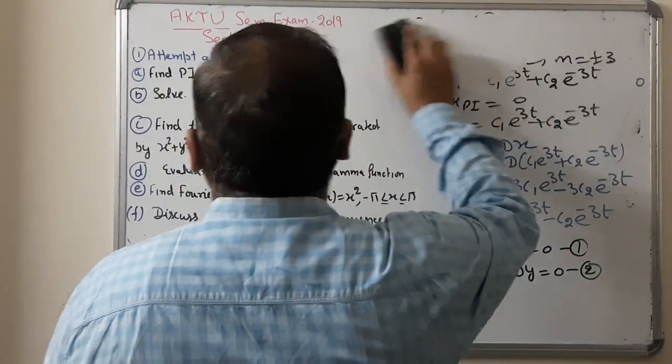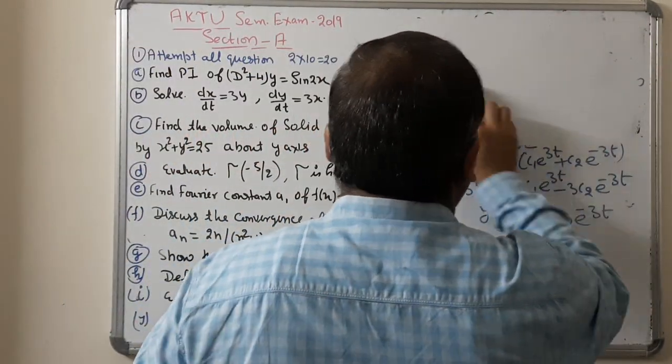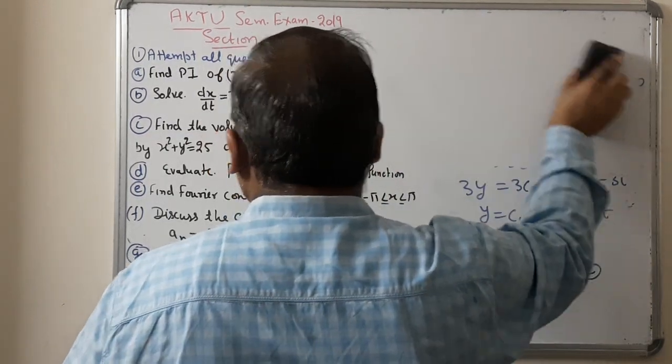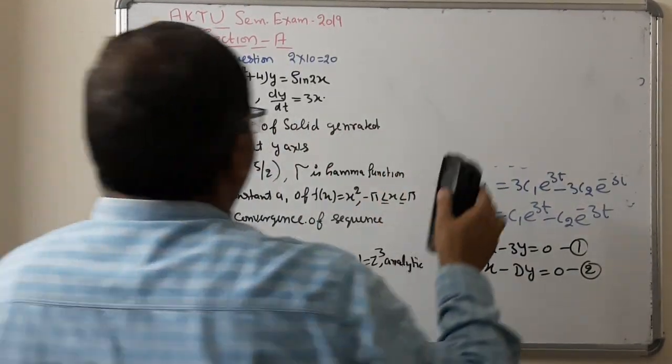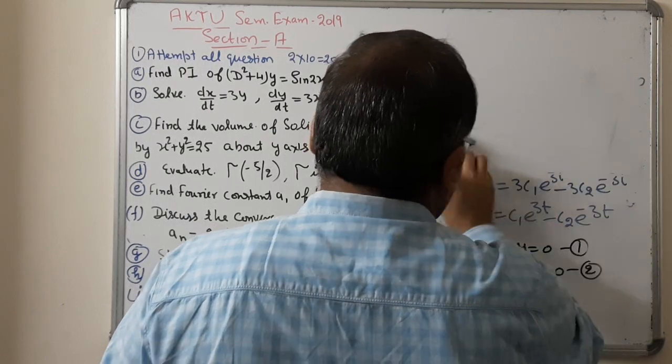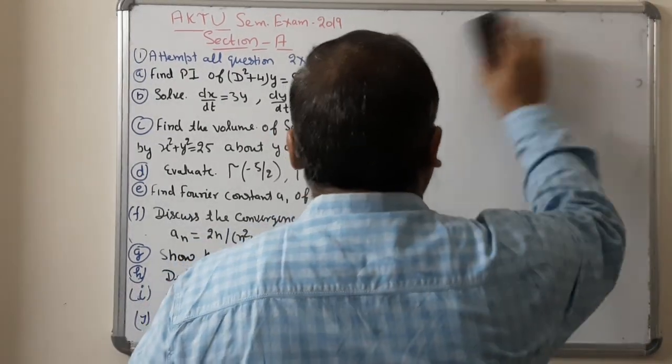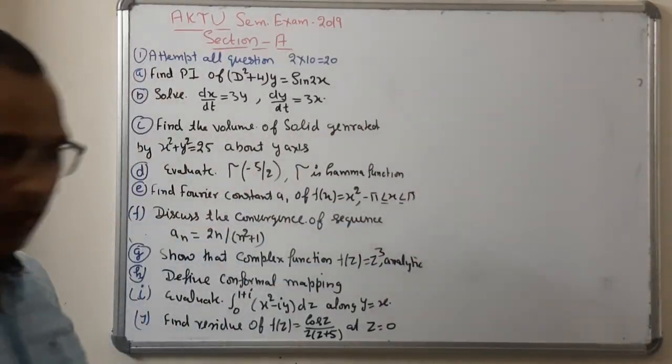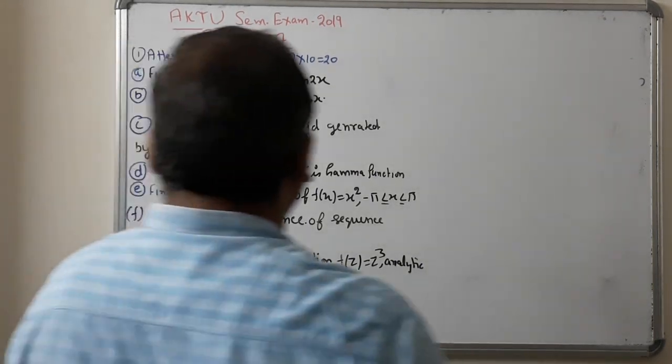The C part asks to find the volume of the solid generated by revolution about the y-axis. If we fold the figure about the y-axis, find the volume of the figure.